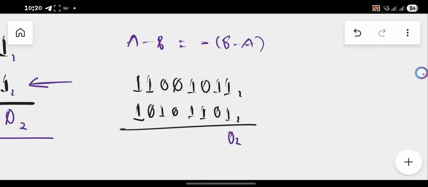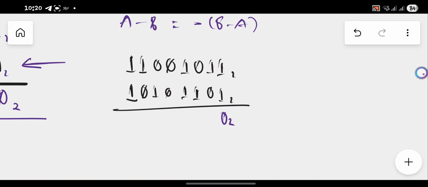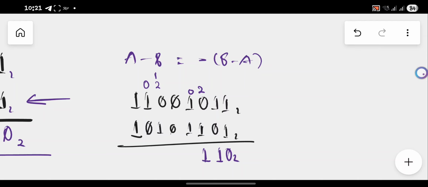Then we have 1 minus 0 is 1. Now 0 minus 1 cannot deduct, so we are going to borrow this one, and here becomes 0, so here becomes 2. 2 minus 1 becomes 1. Then here is 0. We can't subtract it from 1, so we are going to borrow from this one here. So when we borrow this one, here becomes 0. Then here becomes 2. Then we are going to take 1 from this 2, so here becomes 1.